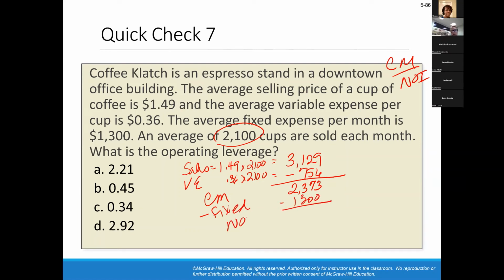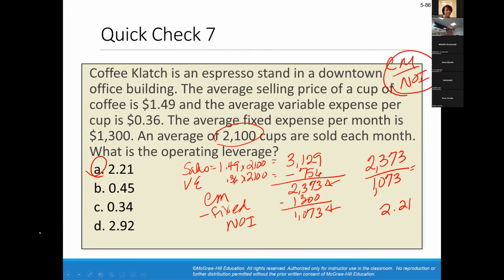That is going to give me my net operating income, which is 1,073. So now I can plug into my formula because I know my contribution margin and I know my net operating income. So we have 2,373 contribution margin divided by net operating income, 1,073, and that gives me 2.21. So this is my degree of operating leverage, 2.21.